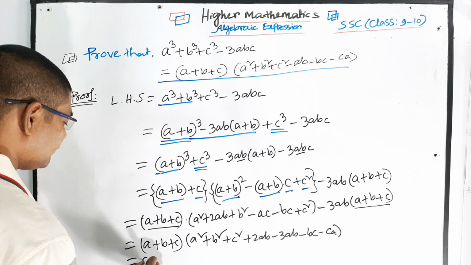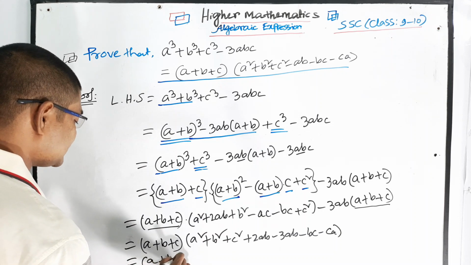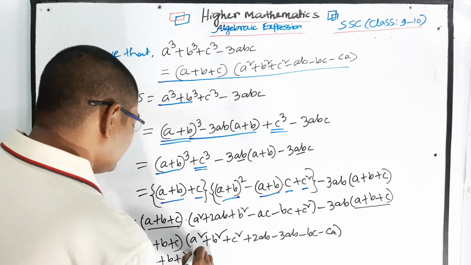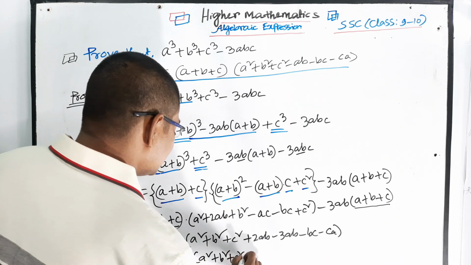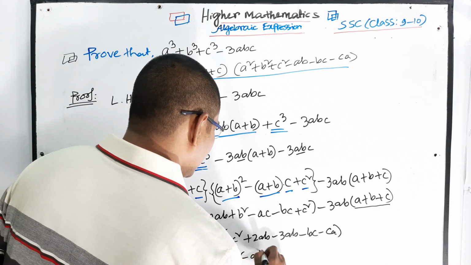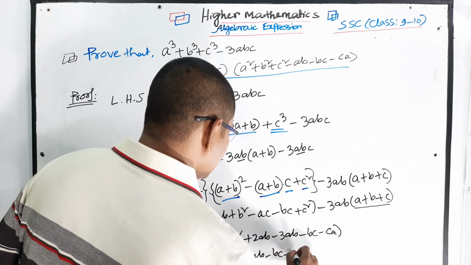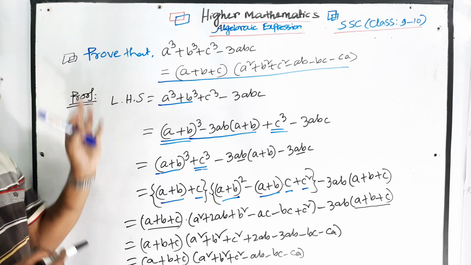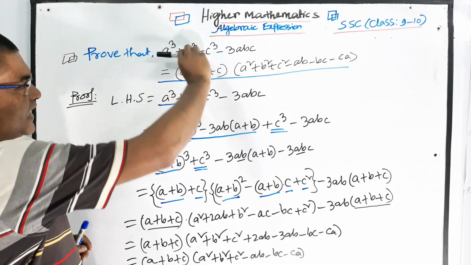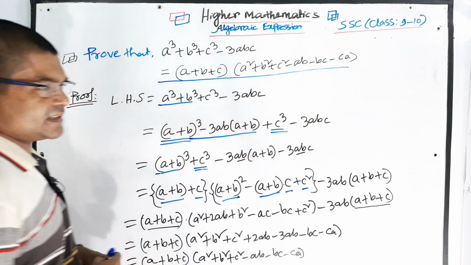We will get a plus b plus c into a square plus b square plus c square minus ab minus bc minus ca. So you can see this is left hand side and this is right hand side.